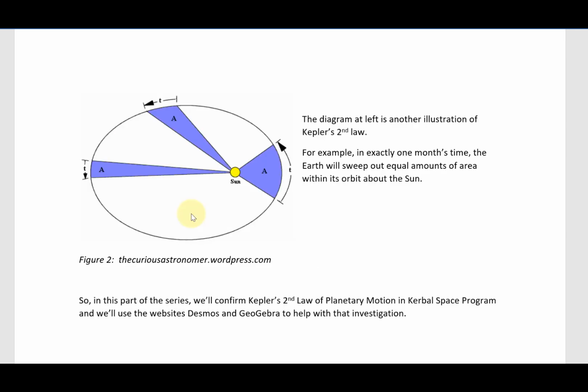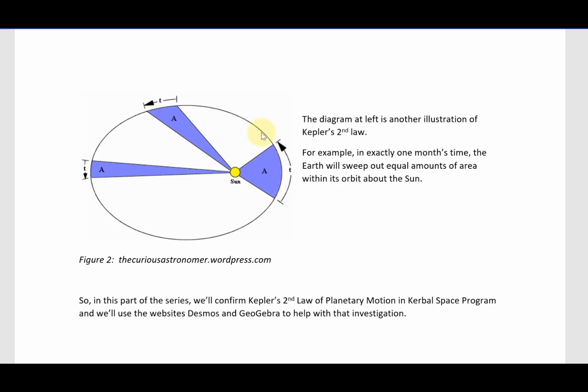At the left is another illustration of Kepler's second law. For example, in exactly 1 month's time, imagine that this took 1 month to travel this interval from this point to that point. In exactly 1 month's time, the Earth will sweep out equal amounts of area within its orbit around the Sun.